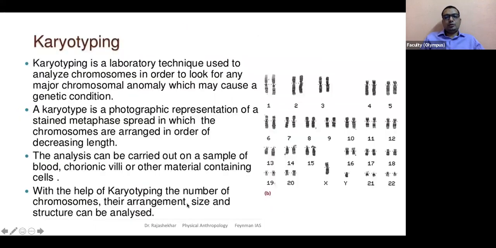The X and Y chromosomes are not organized based on size. Otherwise, this chromosome should come somewhere here, and the X chromosome somewhere here. But what do we do? The 22 autosomes are organized first based on their size in descending order. Then the X and Y chromosomes are organized. Like that, this is the method of creating a karyogram using the karyotyping method.